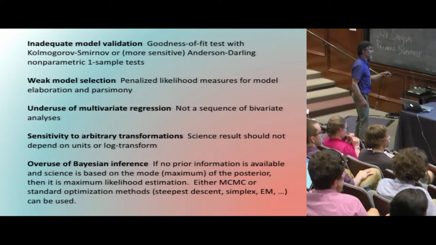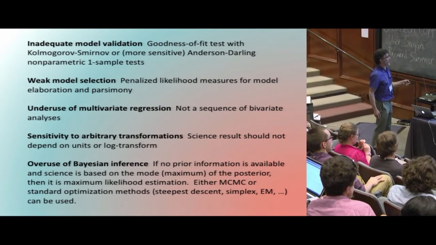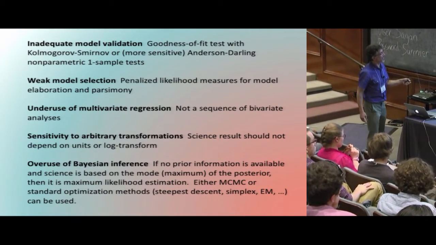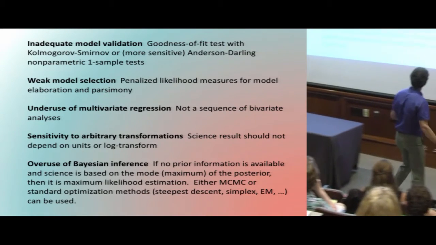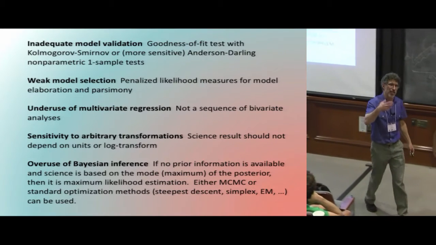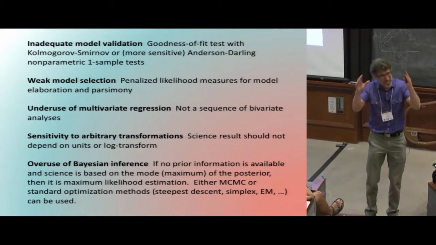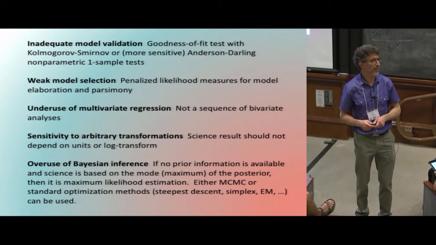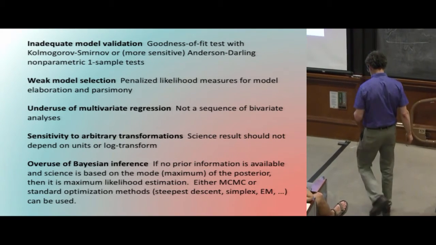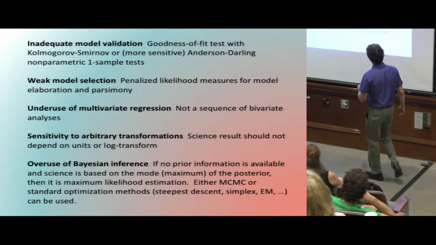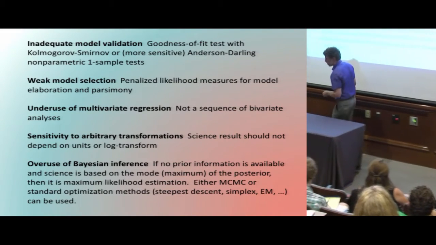And the Bayesian inference, if you have no prior information, and you're seeking the mode of the posterior, then you really are doing maximum likelihood estimation. And there are a lot of advantages to MLE. There's a whole machinery associated with maximum likelihood estimation, such as model selection and parameter error analysis, which is very easy. It's very simple.